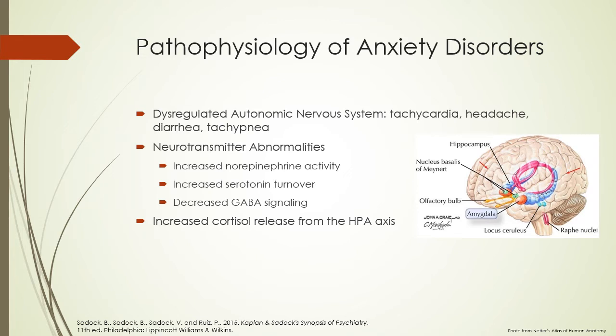Cortisol mobilizes the energy stores, and the end goal there is to release glucose and increase glucose in the bloodstream. With this, you will see increased lipid metabolism and increased breakdown of protein. Those are biochemical abnormalities from high levels of cortisol.